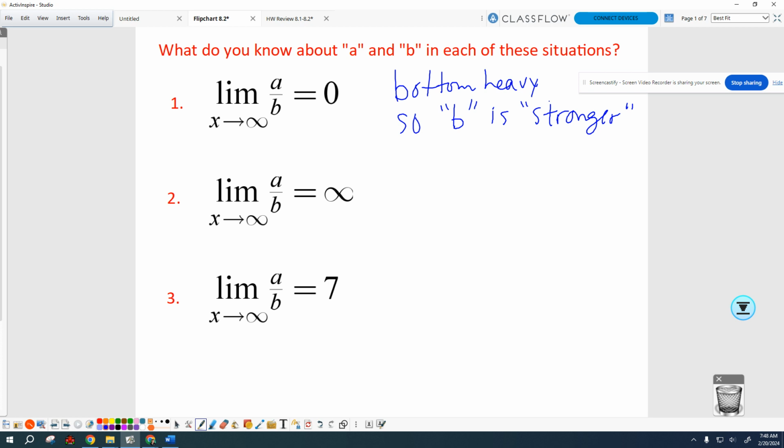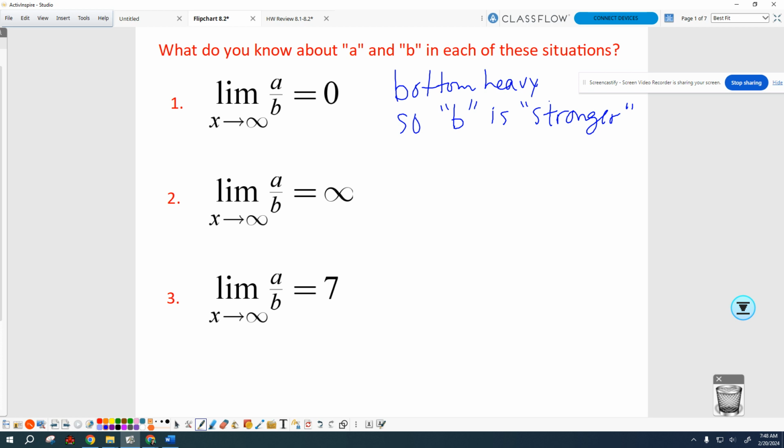So it doesn't have to be a polynomial. But if the fraction goes to 0, it's bottom heavy, which means that kind of infinity is bigger than the infinity that's on top. Camden, what do you think about number 2?